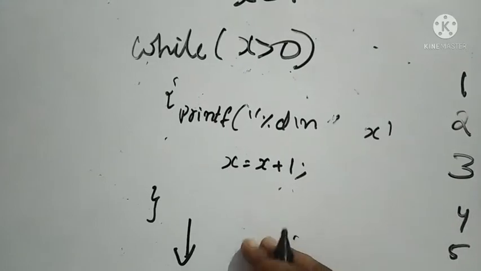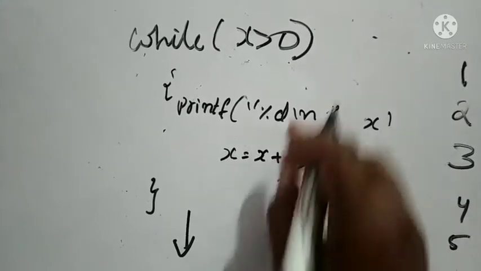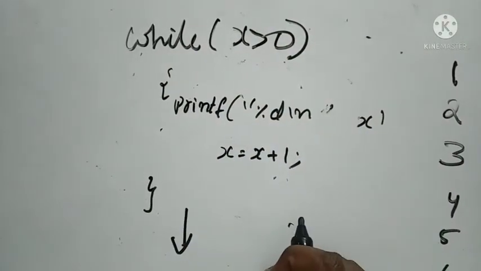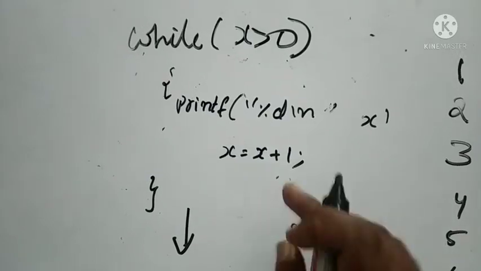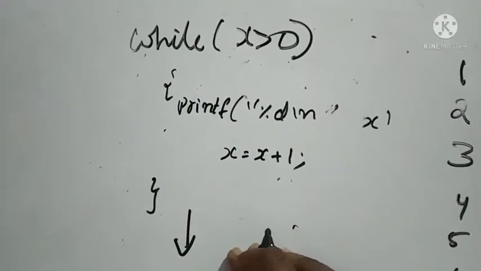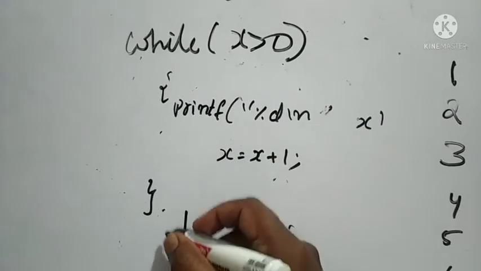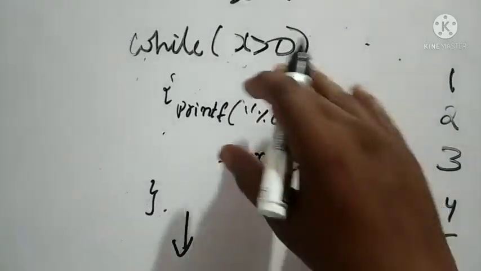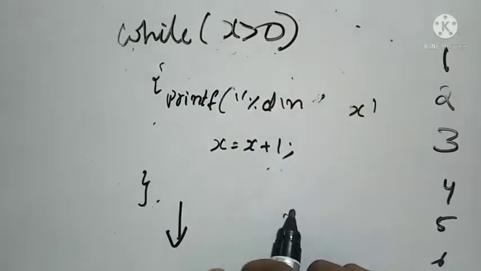So a while loop can be an infinite loop, which means it will not come out of the loop itself. The instruction next to this while loop will not execute at all because it is stuck in this loop.